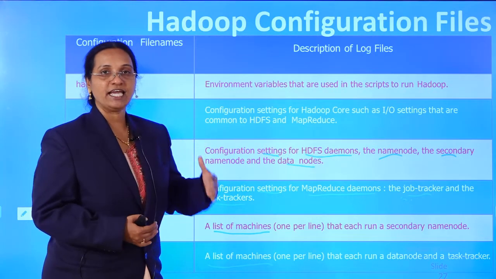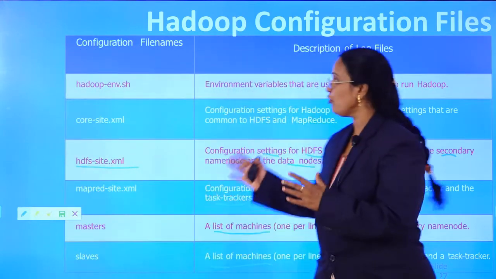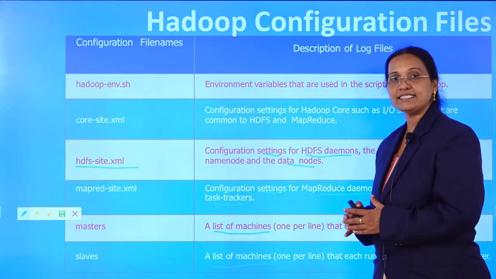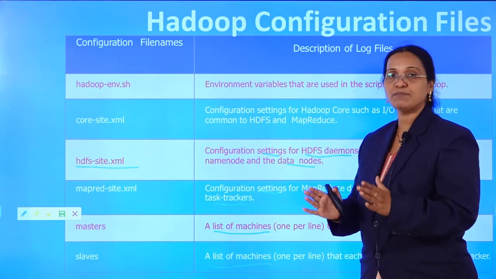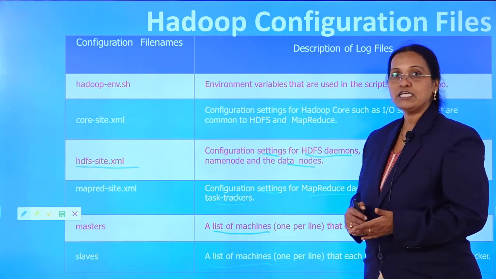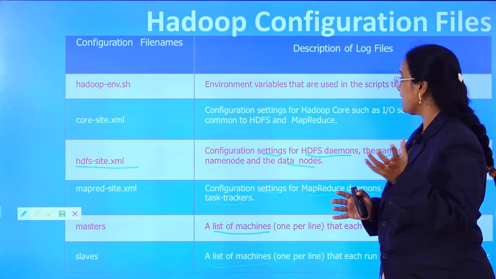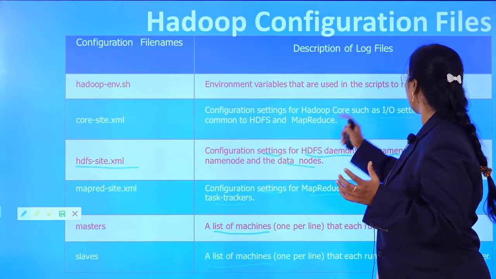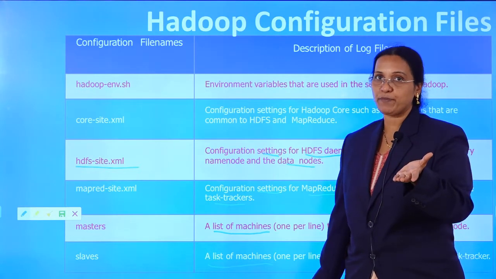I repeat once again, at a glance. The hadoop-env.sh file consists of environment variables which are used in scripts so that Hadoop can run. The second is the core-site.xml file, which consists of IO settings that are common to both HDFS as well as MapReduce.